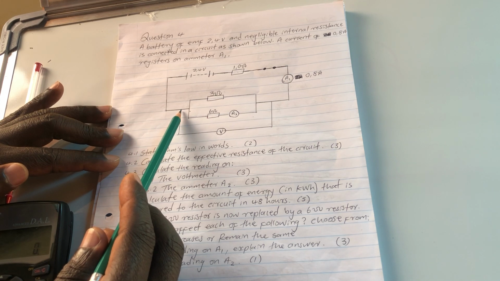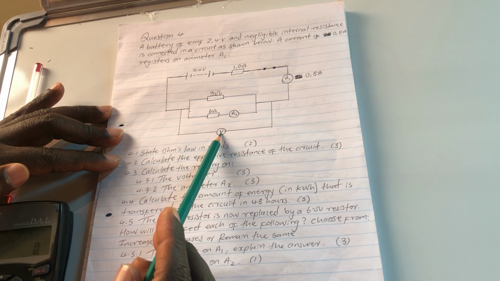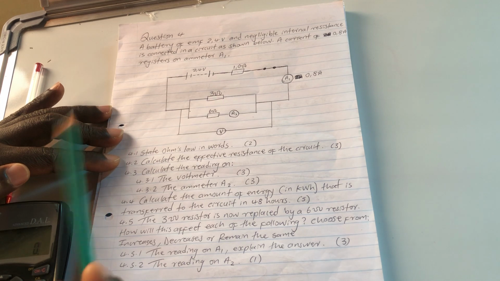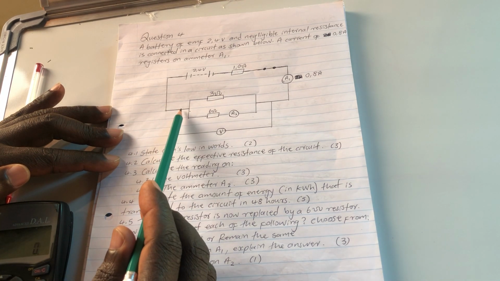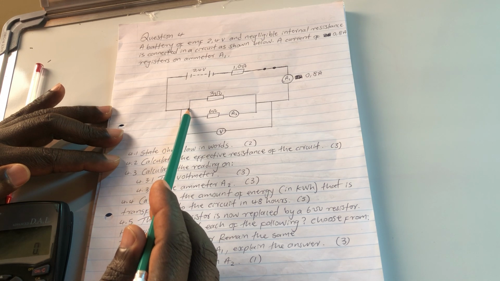As it reaches this point, it won't go through V because of the high resistance of the voltmeter. It will proceed to this point. That's where it will split.